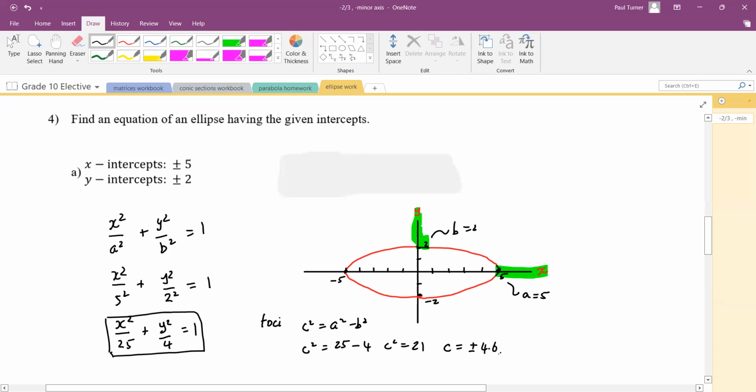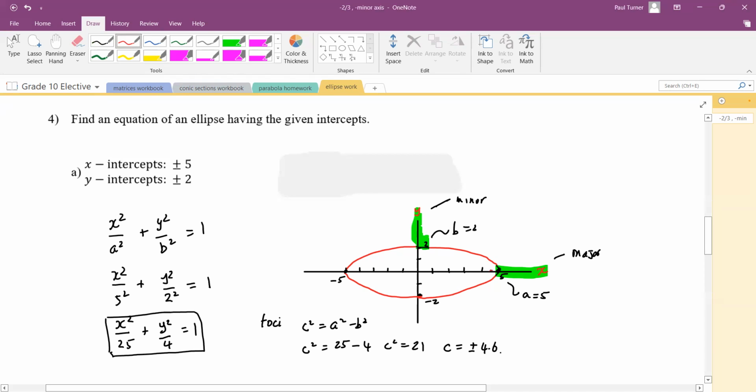So c is plus or minus 4.6 roughly. So then we need to draw this point onto our graph. Now the focal point's always on the major axis, and the major axis is the x-axis in this question. And the y-axis is the minor axis. Okay, so we'll mark 4.6, which is very close actually to the a value, isn't it?